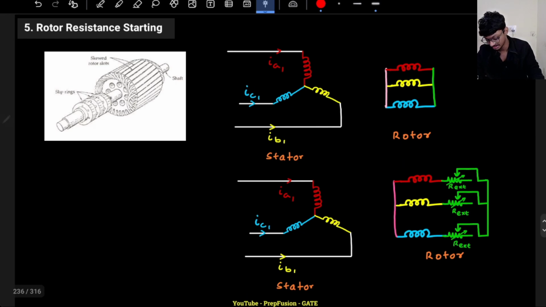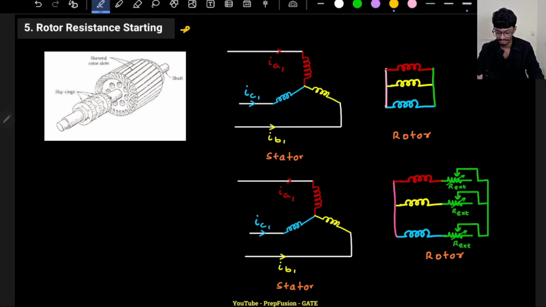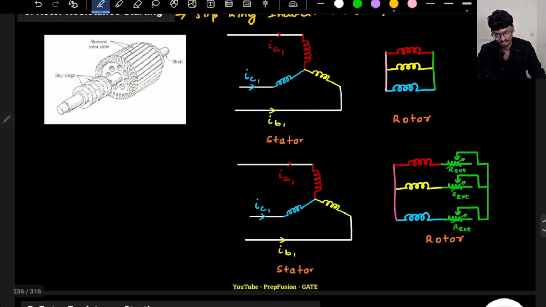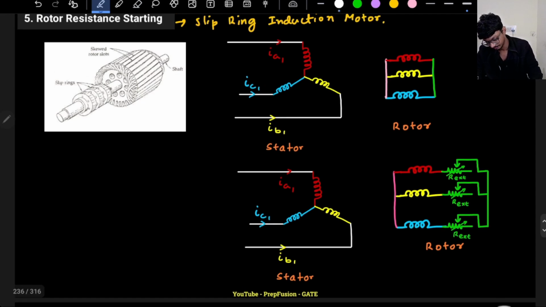Again, one thing: this can only be used in a slip ring induction motor, and cannot be used in a cage induction motor, because there is no provision to connect resistance electrically on the rotor side.